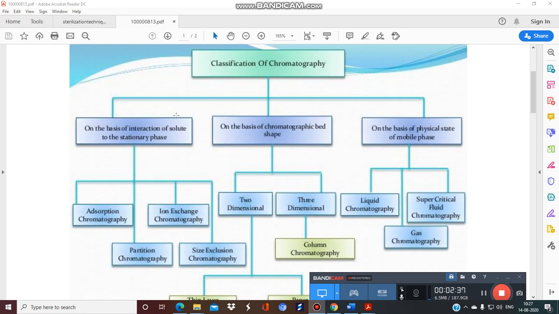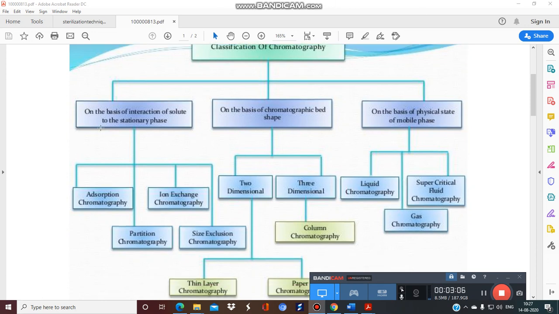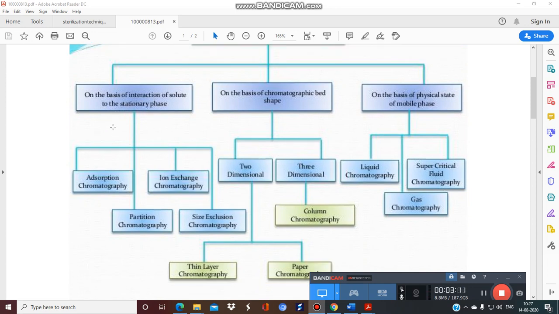We will focus on this classification approach. The first classification of chromatography is on the basis of interaction of solute to the stationary phase. And I hope you all know what a solute is; you are talking about your sample. Second is on the basis of the chromatographic bed shape, and third one is on the basis of physical state of the mobile phase. So let's focus on the first one. According to this classification, chromatography is divided into various types.